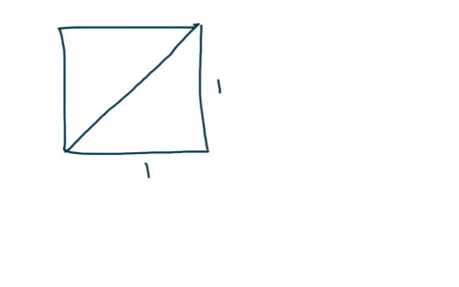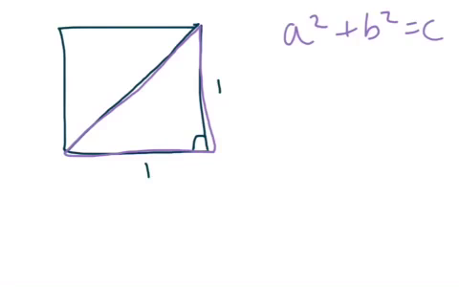Well, remember, a square is made up of 90-degree angles, so right here we have a right triangle. A squared plus b squared equals c squared. In this case, this is our a and our b, and our c squared is this hypotenuse, or the diagonal of the square.